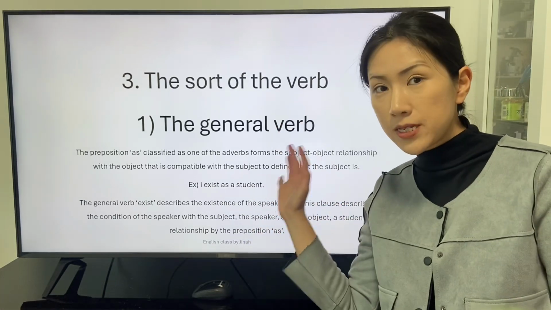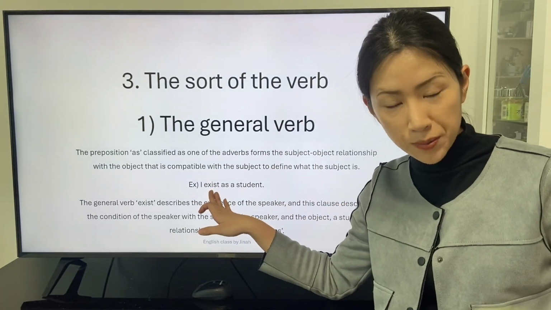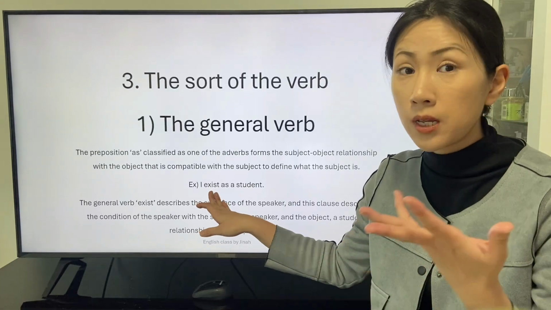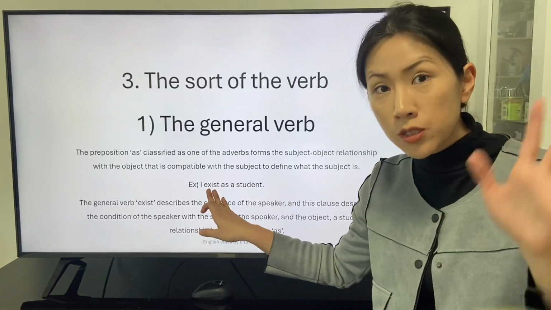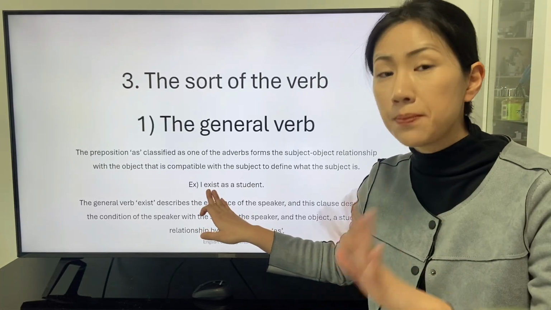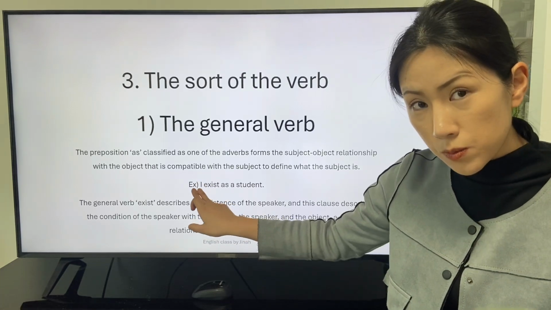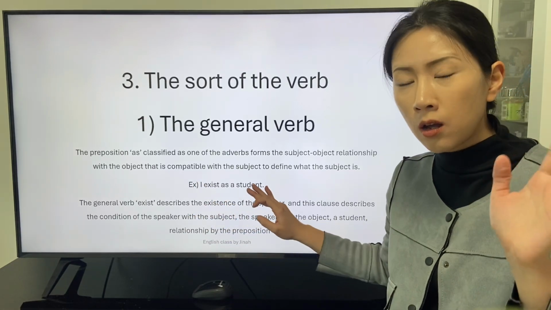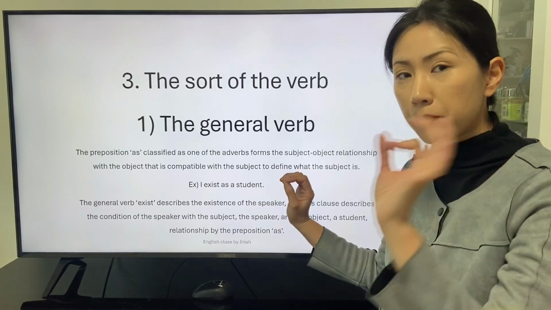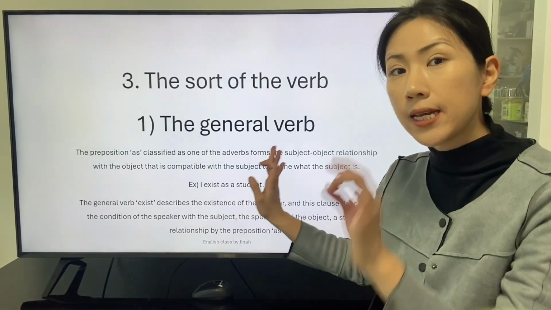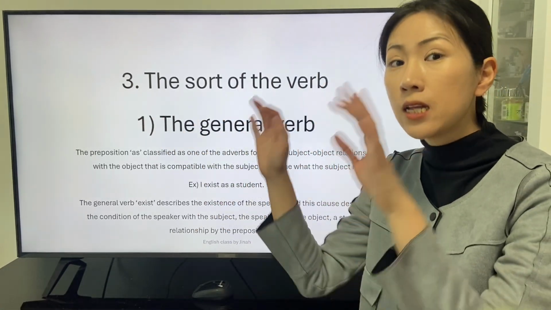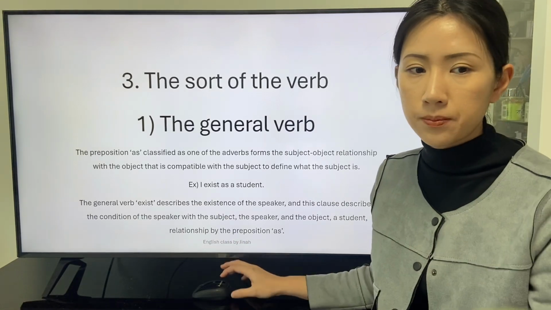So an adverb describes the description. The general verb exists, and the general verb exists describes the subject. So the phrase of the preposition describes the subject indirectly via the general verb exists.